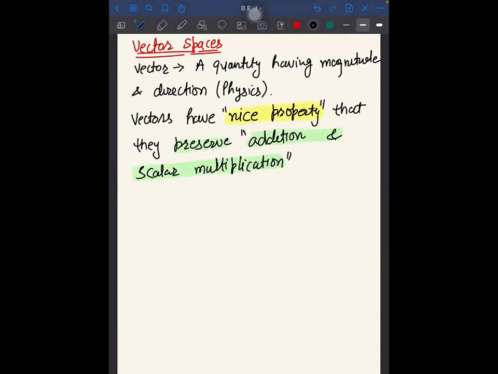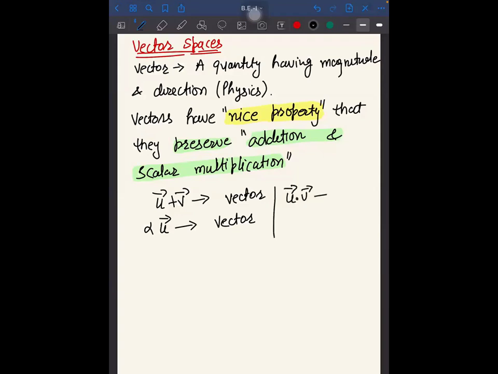The point I want to make is, if you have vectors, let's say u and v, and you add them, their addition will also be a vector, right? If u and v are vectors, then u plus v is what? A vector. And alpha times u is again what? A vector. Not every operation can be preserved. Why?